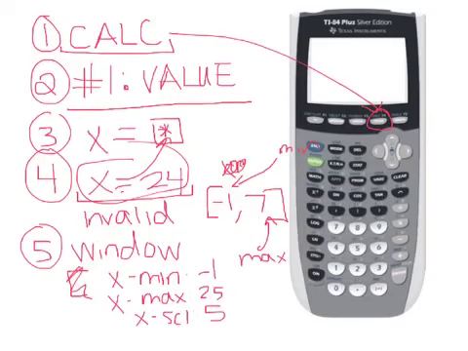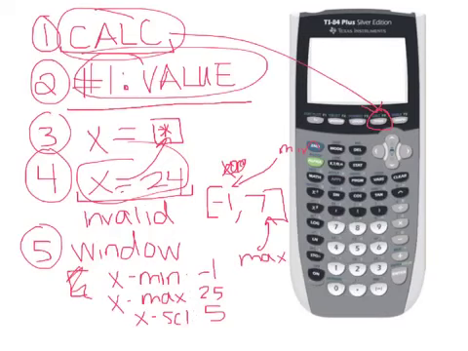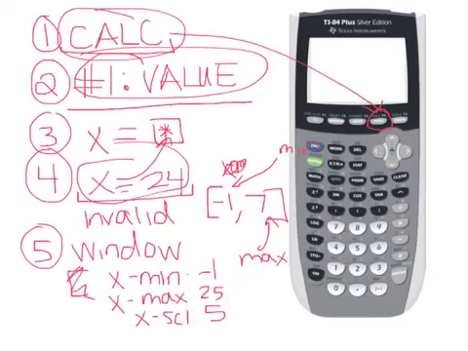If I go back and follow these steps back to the calc menu, then to calculate value, and then plug in x equals 24, you should get a value of 25,519.